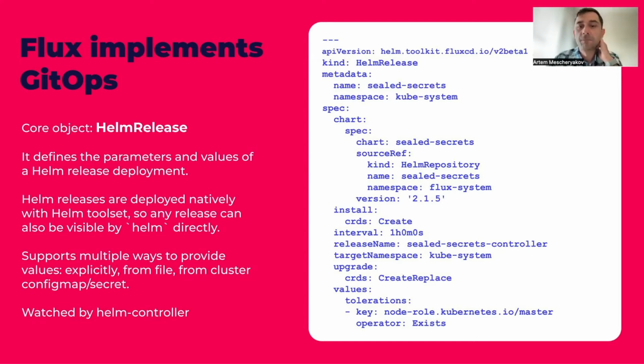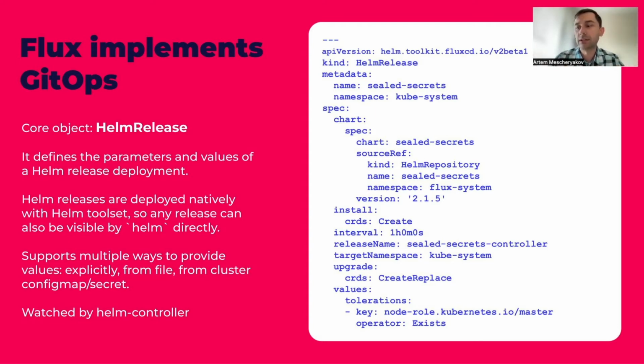So they can be explicit in the manifest of Helm release as YAML. They can be pulled from file. And this file can be located on different levels and layers. We can also include values from cluster config map or secret. And in theory, this makes it possible to have a generic set of values.